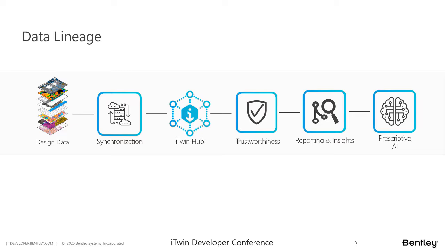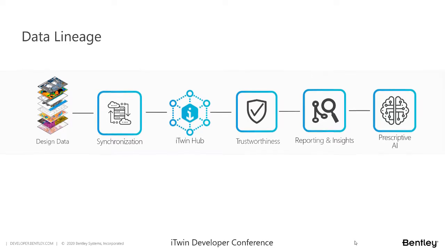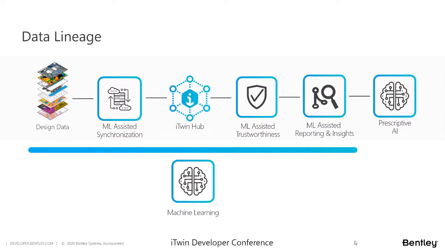As we talked about the challenges that we are facing in the industry with digital twin and some of the presentation that Alex gave, it is very evident and at the same time very practical to start introducing machine learning or AI tools in the early steps of this data lineage, starting from creation of the digital twin itself to validation and generating reports. We can use machine learning assisted workflows in all of these steps.